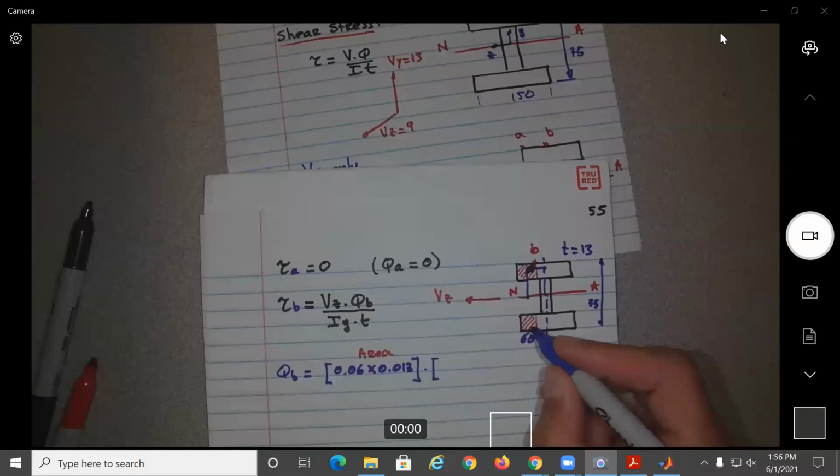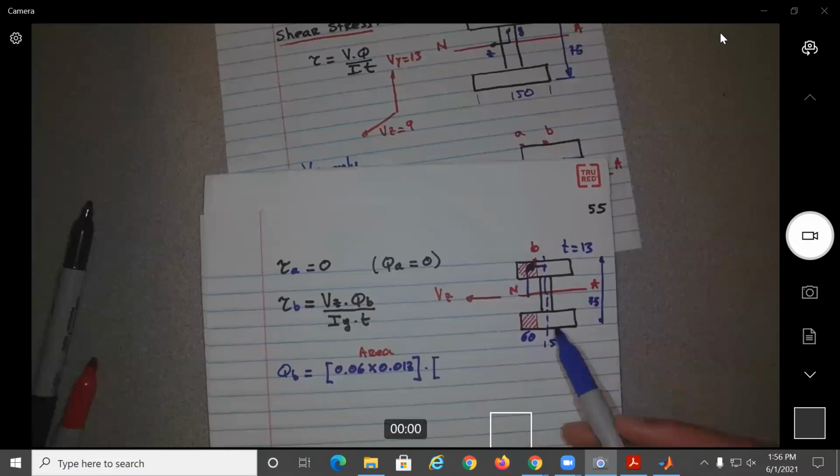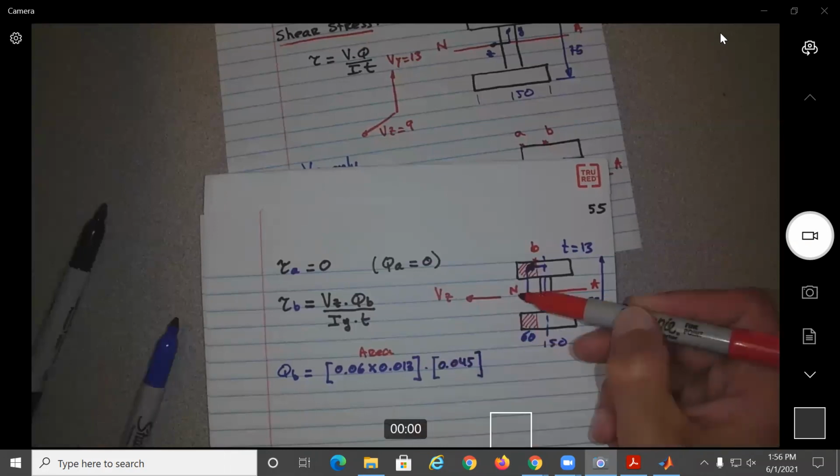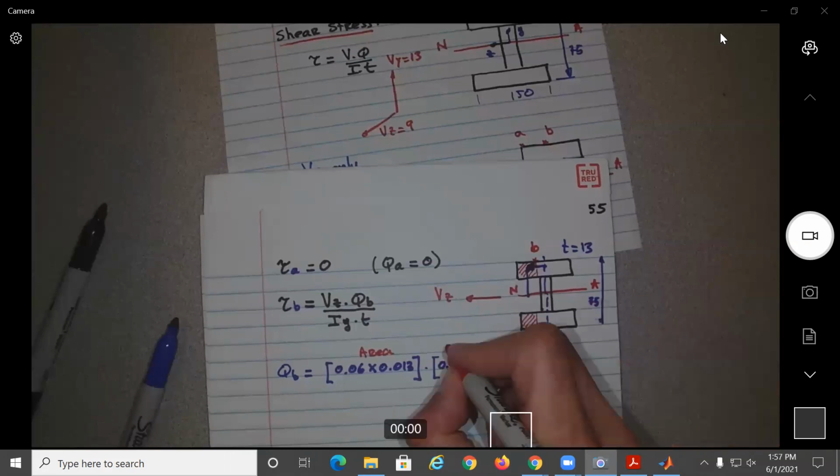So it will be 75 minus the center of this, which will be 30. So 45. Yes, do you see that? Okay, so times 0.045. Be careful here again, it is the horizontal distance, not the vertical. So this is times distance.